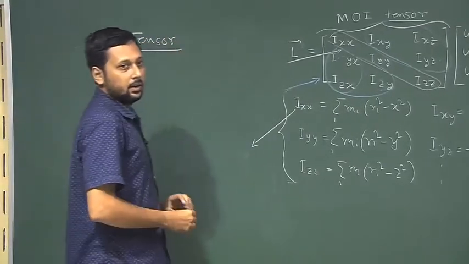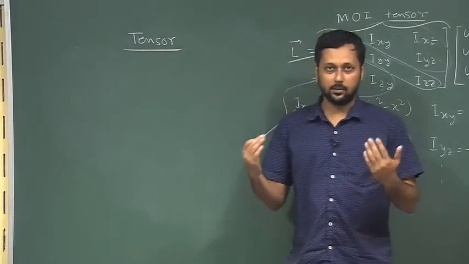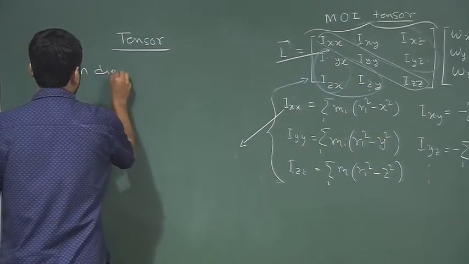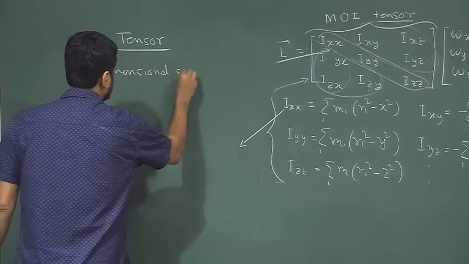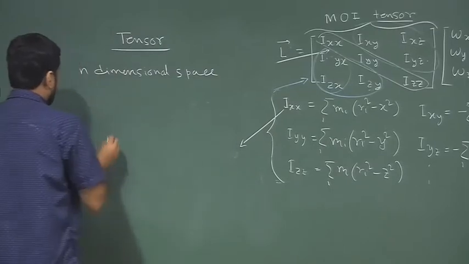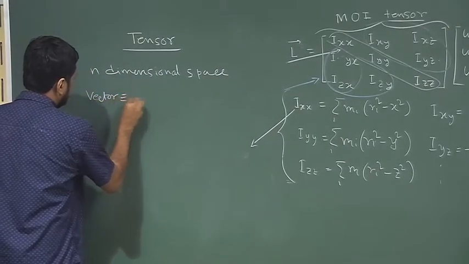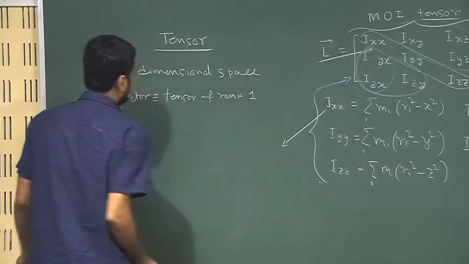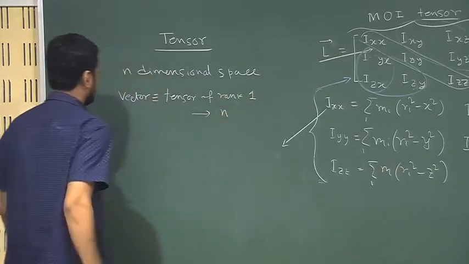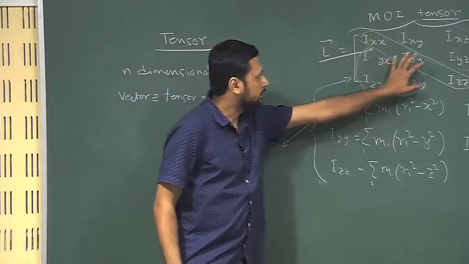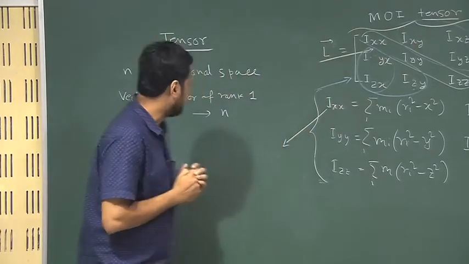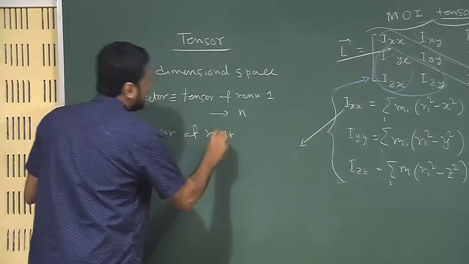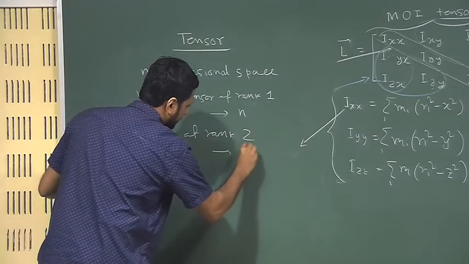In terms of mathematics, if we are working on an n dimensional space, then a vector, which is a tensor of rank 1, has a dimension of n, and a tensor of rank 2 should have a dimension of n square.